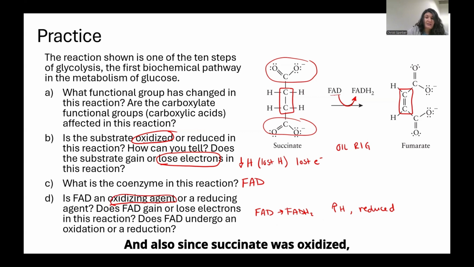And also, since succinate was oxidized, the coenzyme is what helped make that oxidation happen, and therefore it is an oxidizing agent. FAD gained electrons, it gained bonds to hydrogens, and therefore it underwent a reduction.